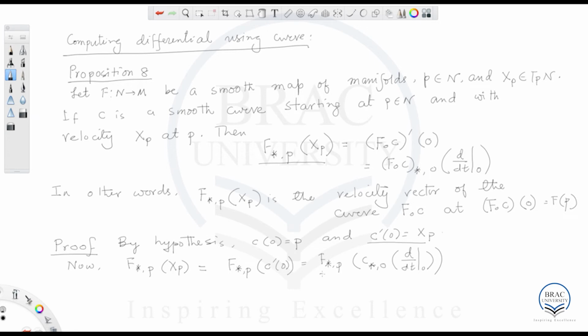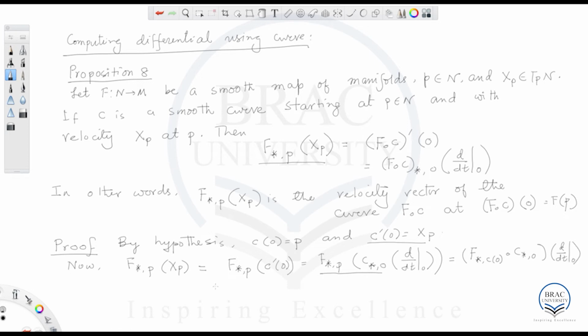So now this is the composition of these two maps, which is f star comma C of 0, P is C of 0, composed with C star comma 0, right? And this composition of these two maps act on this tangent vector d dt 0.